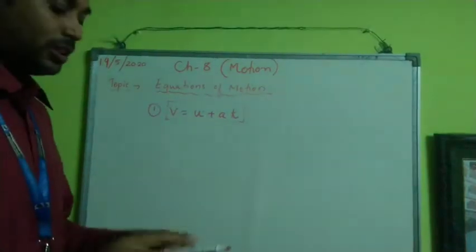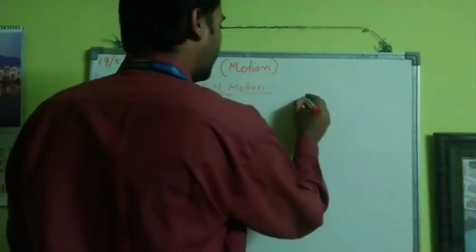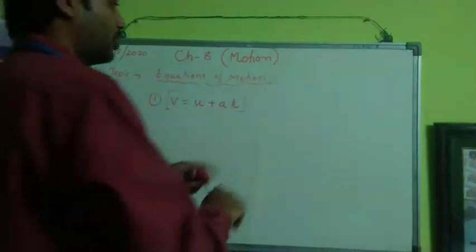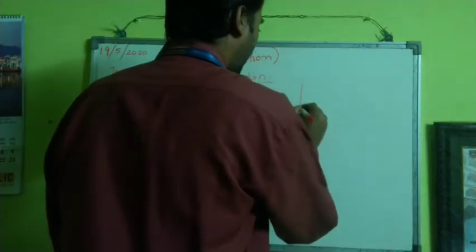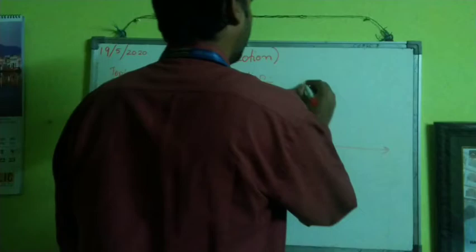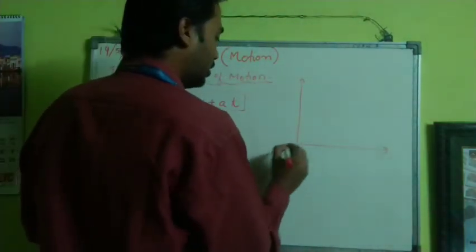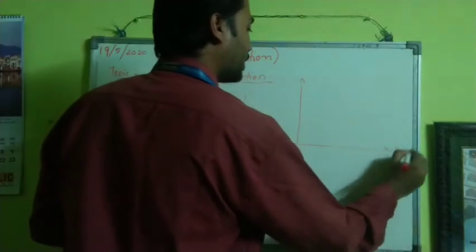So now let me draw the velocity time graph for uniform acceleration. So this is origin, this is x-axis, this is y-axis.